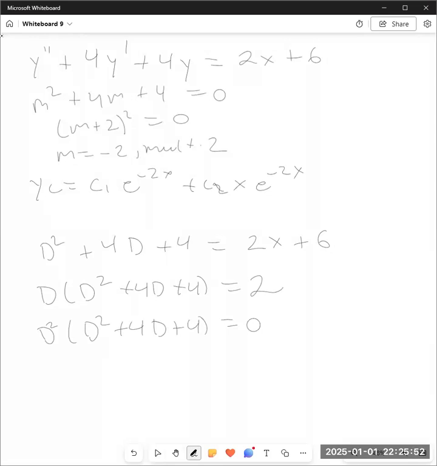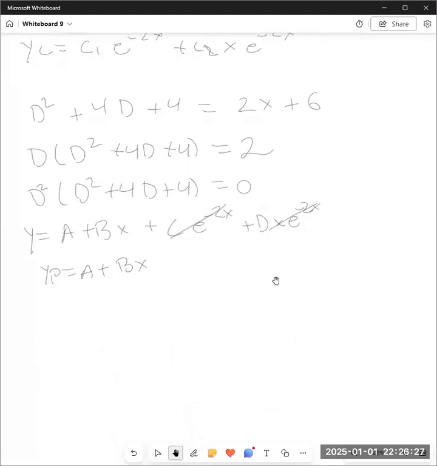I already have all this stuff here from yc, but this is going to be y equals a plus bx plus c e to the -2x plus d x e to the -2x. This is already in yc, so my yp is equal to a plus bx, kind of like I would have expected there.